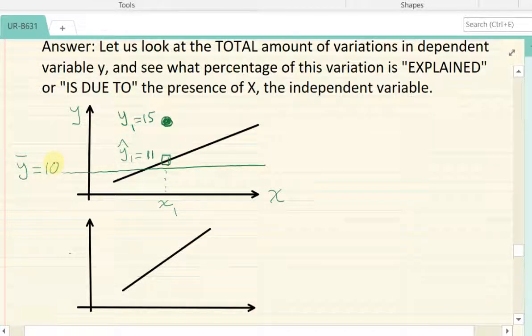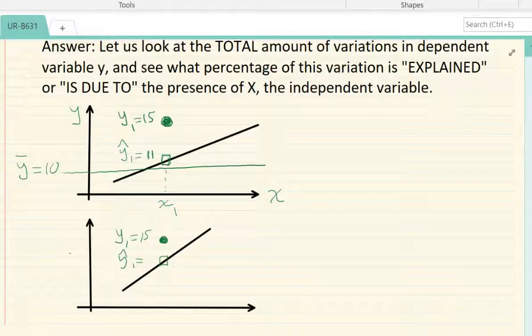Now, let's say here, also this time, is this point, and this is the predicted. Again, y1 equals 15 this time. Y hat 1 equals about, I don't know, 13, because that point is actually closer to the 15.